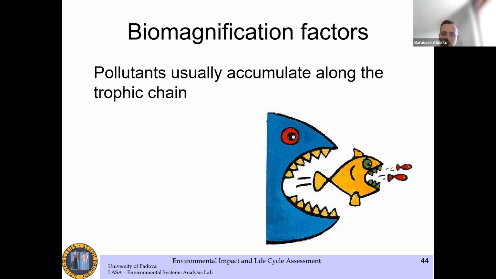For this reason, you usually find a lot of pollutants in big fishes. And that's one reason why it is much healthier to eat small fishes such as sardine or anchovy rather than big fishes which can accumulate, for example, heavy metals, such as tuna.